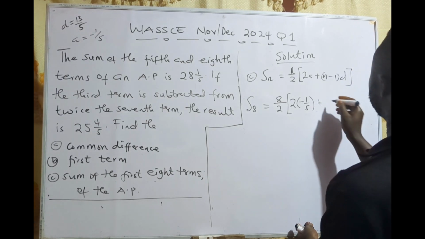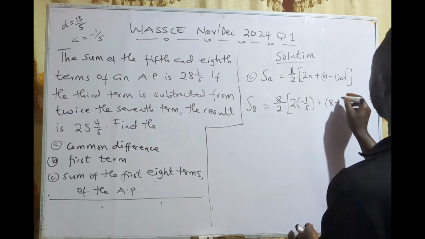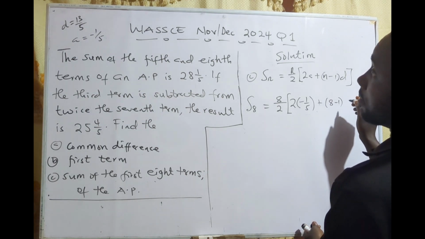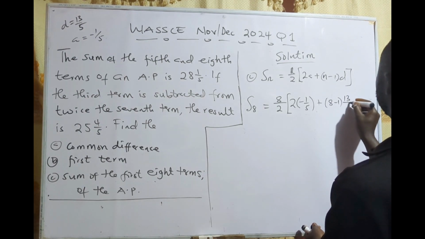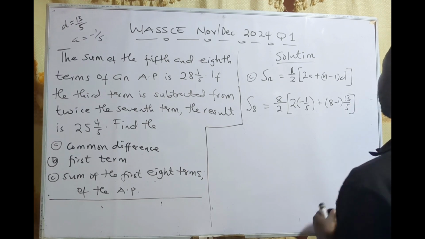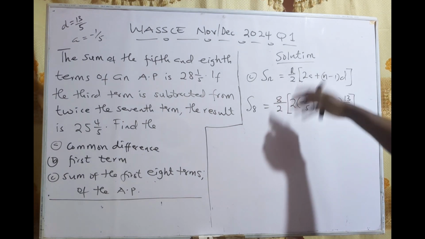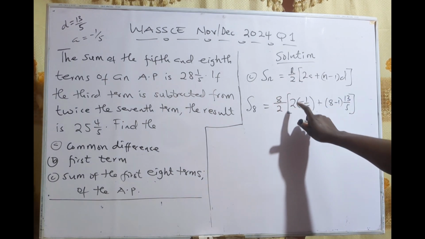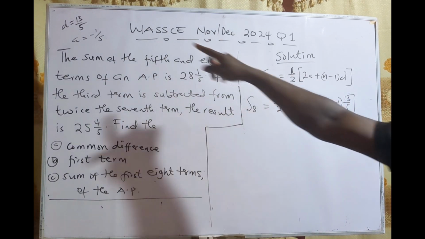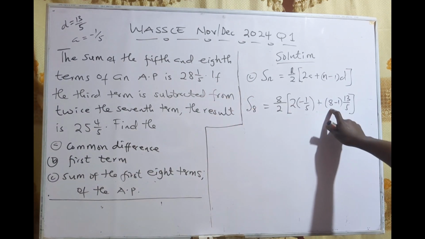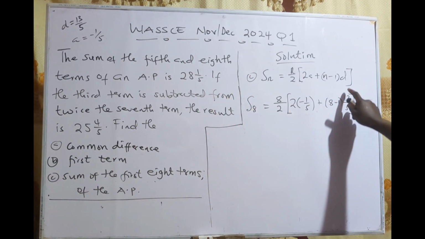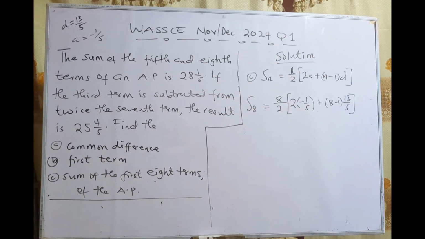What is our n? 8. So 8 minus 1 multiplied by the common difference 13 on 5.